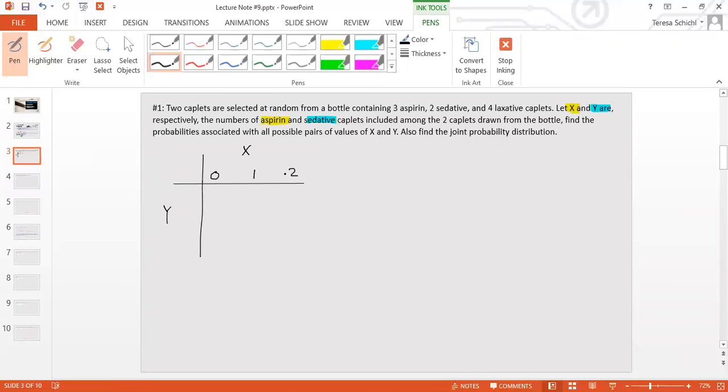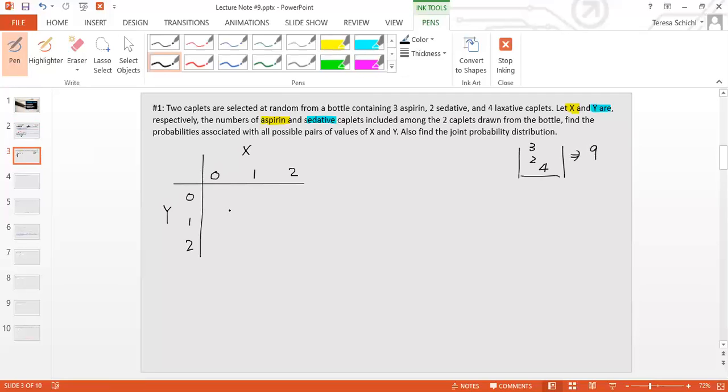Y is the sedative, and the sedatives could also be 0, 1, or 2, correct? In this box I have 3 aspirin, 2 sedative, and 4 laxative. So in total I have 9, right?